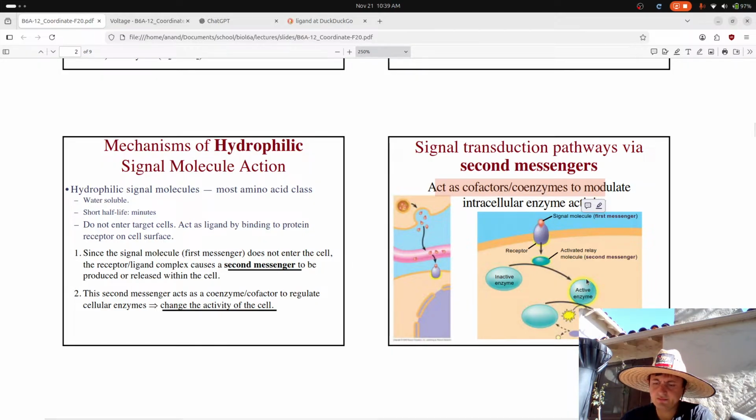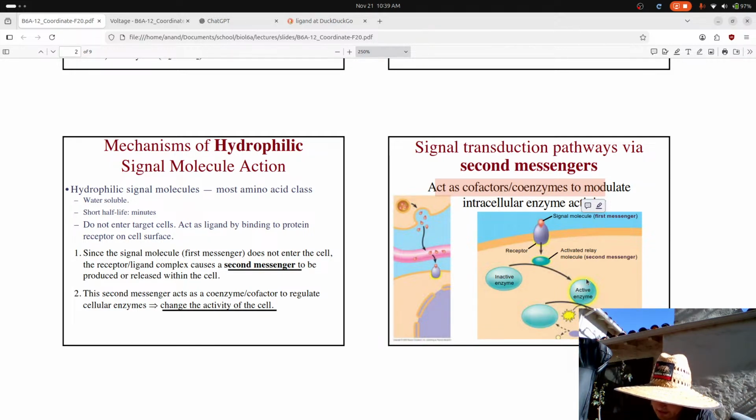Oh, okay, this is a good picture actually. So we have a membrane, we have a signal. This is S. This is R for receptor. This causes a thing, which is the secondary. Then we have an inactive thing, which then via this becomes active.